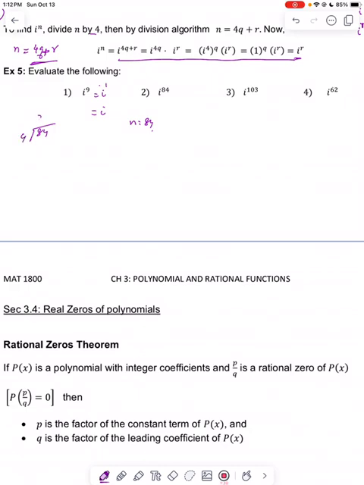Now the remainder is 0. So we said that i to the 84 is the same as i to the 0, which is 1, because any number raised to the 0th power is 1.